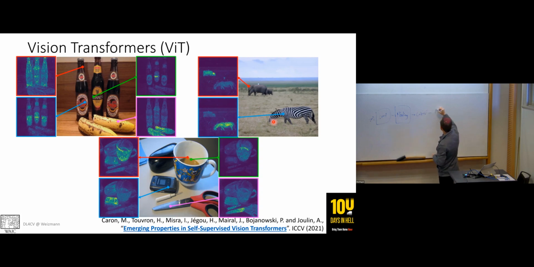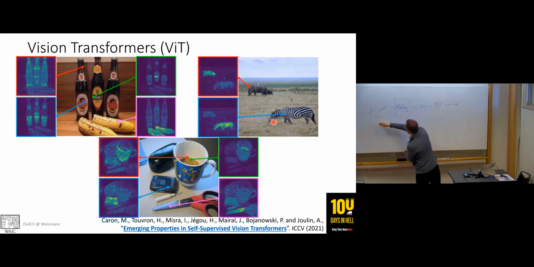And then you had an MLP that took all these features and made a prediction. So the MLP looked not only at the channel dimension, but at the entire chunk of the image.